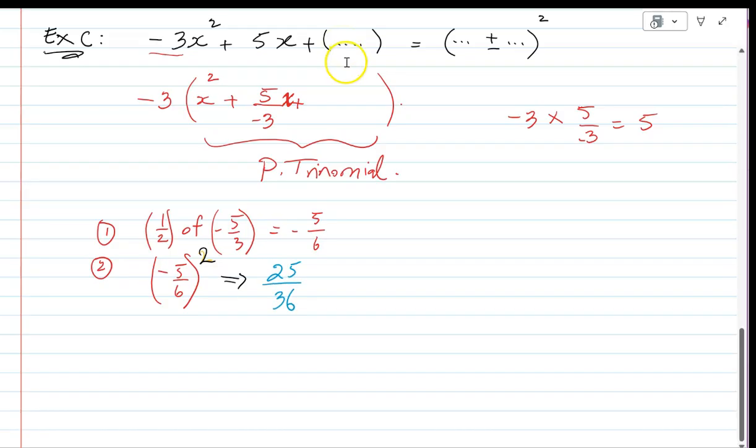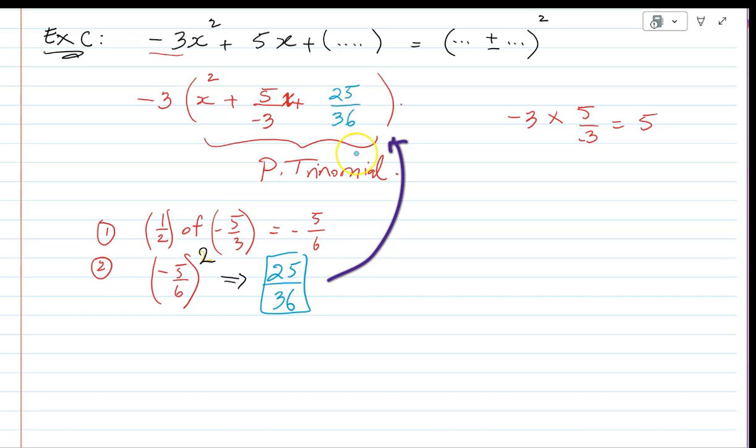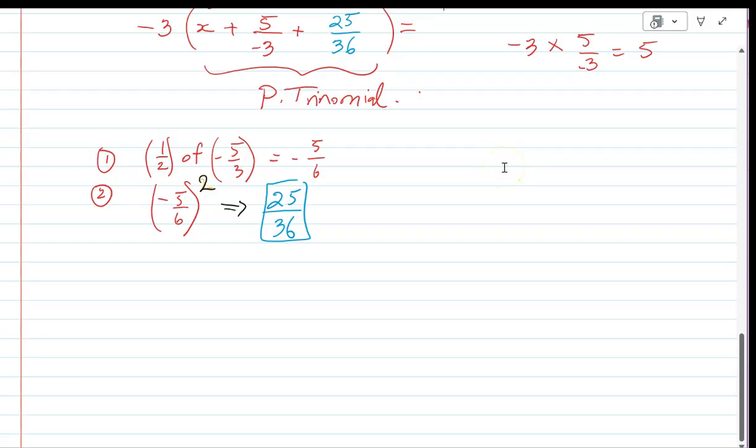Yeah, and it's positive, right? And then you take this 25 over 36 and you have to plug it back in here, 25 over 36. Okay, now you're not done yet because you have to be able to write this in terms of a binomial squared. So now I'm going to rewrite this down more so they can see it. So what do we have?